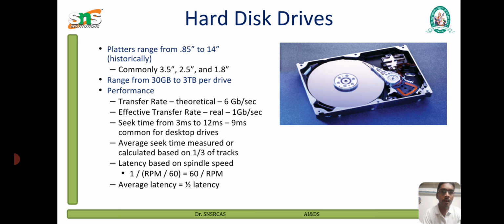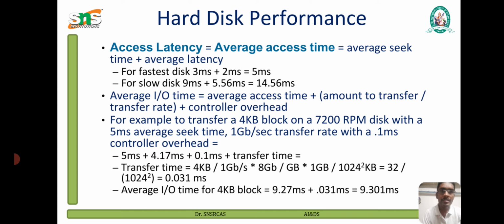Average latency is basically 1/2 of the latency. Coming to hard disk performance, it is calculated by means of access latency, which is calculated using average seek time and average latency. Another term is average access time, and also average input output time.